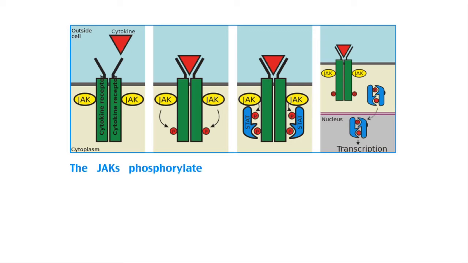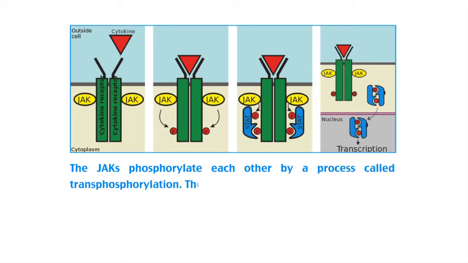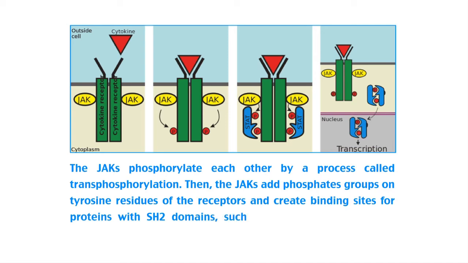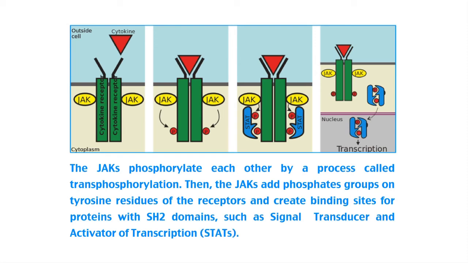The JAKs phosphorylate each other by a process called transphosphorylation. Then the JAKs add phosphate groups on tyrosine residues of the receptors and create binding sites for proteins with SH2 domains such as signal transducer and activator of transcription or STATs.